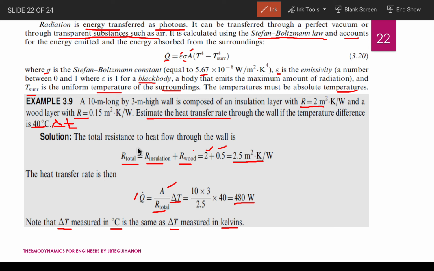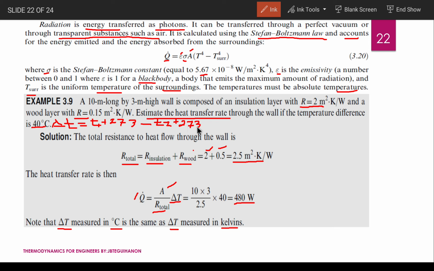Halimbawa ito ay T1. Okay, itong delta T, halimbawa ang formula niyan ay T1 plus si absolute mo, plus 273, minus T2 plus 273.